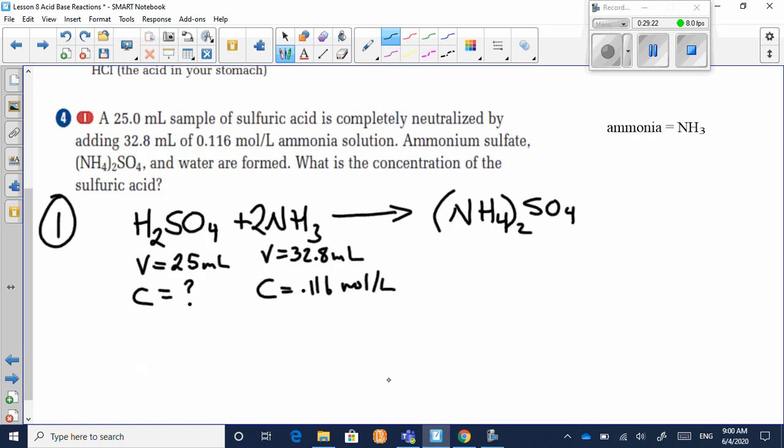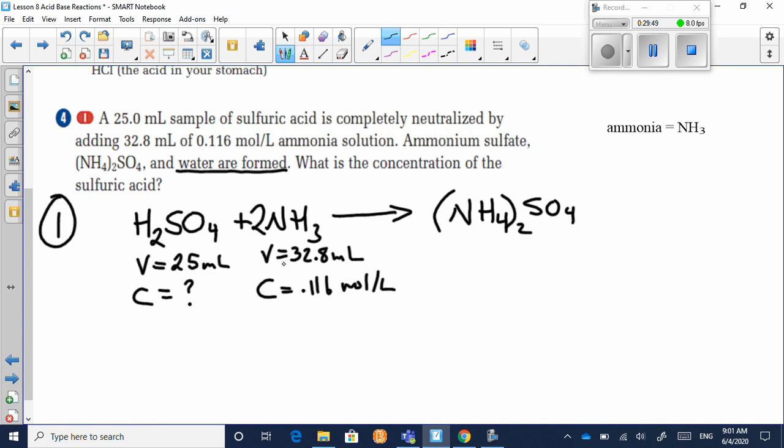Now, it does say that water is formed here, but what I can tell you, and we'll get a lot more into this in the grade 12 chemistry course, is that the water's in the background. You don't need the water to balance the equation. Okay, so you're good to go now.